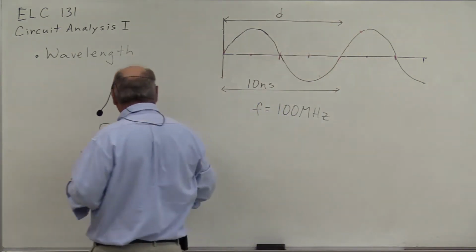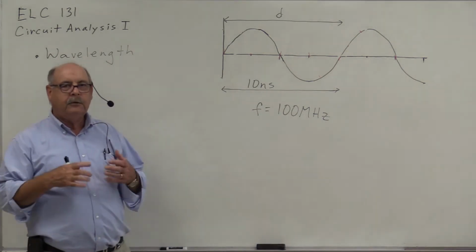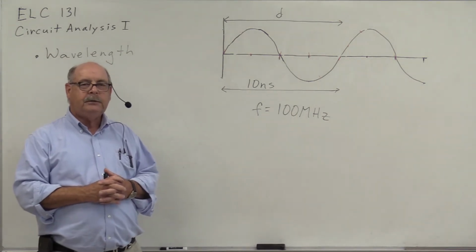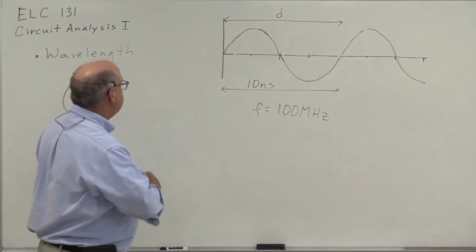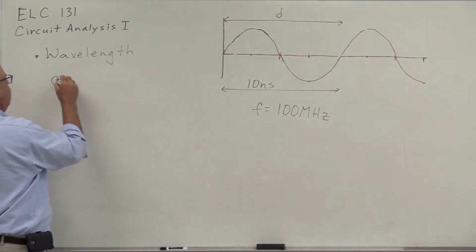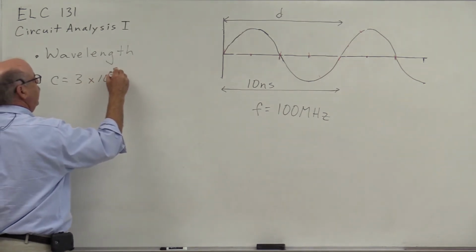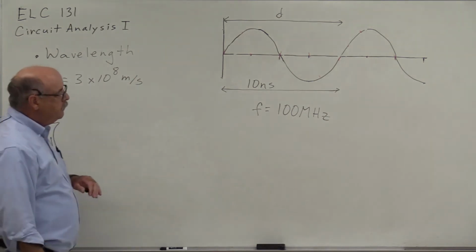And we assume that electricity will travel through a wire, or electromagnetic energy will travel through space, at somewhat near the speed of light, which is C equals 3 times 10 to the 8th meters per second.